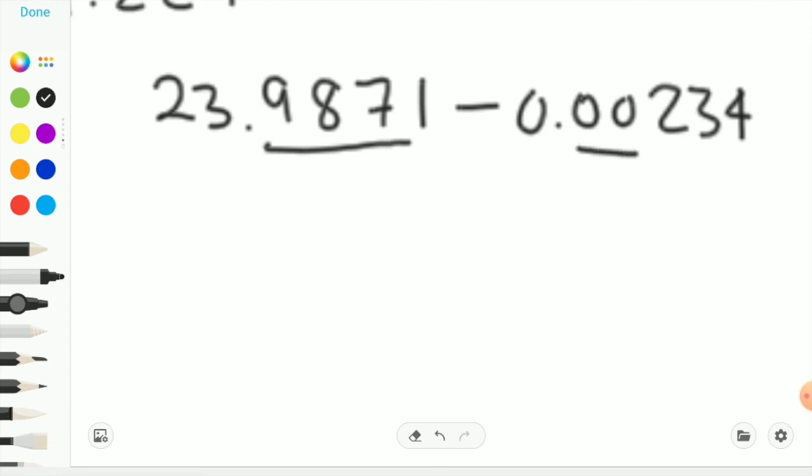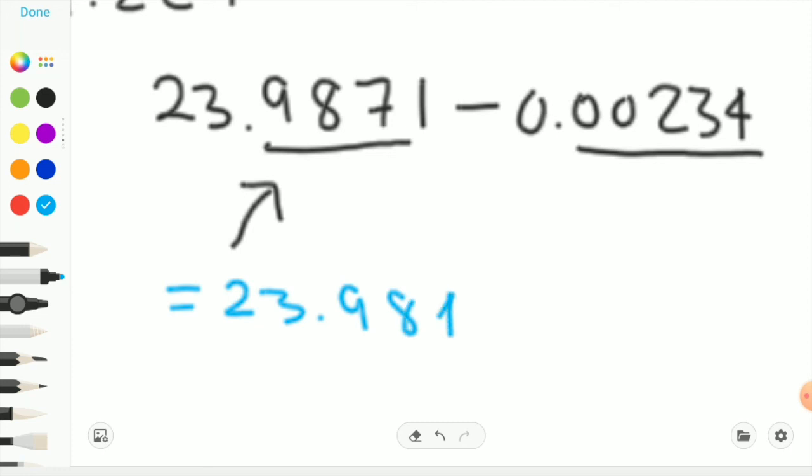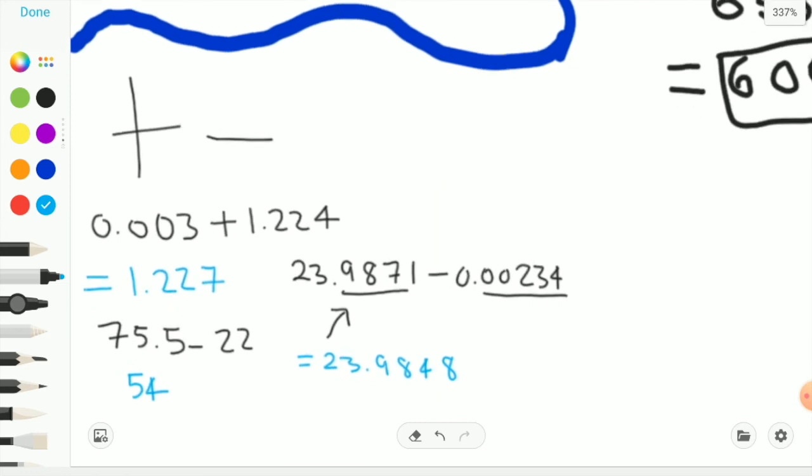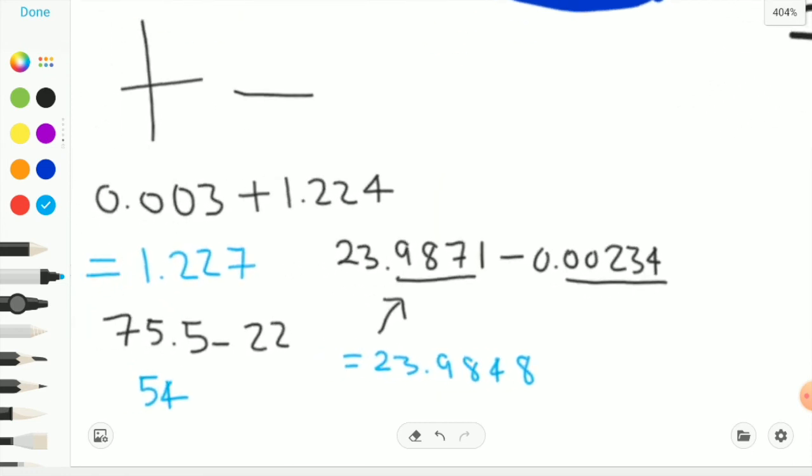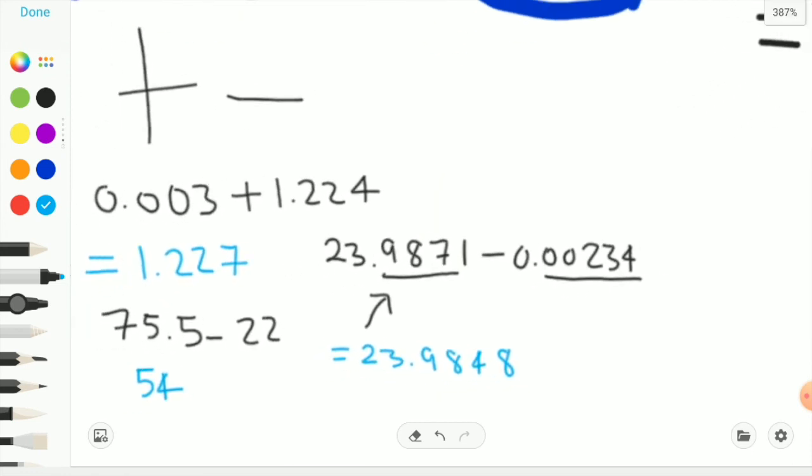This has 5. So you're going to use the one that's least. So you're going to try and have 4 place values. The answer would be 23.9848. But yeah, you basically just follow the place value of the number.